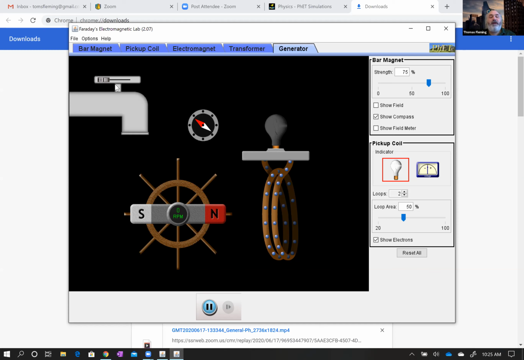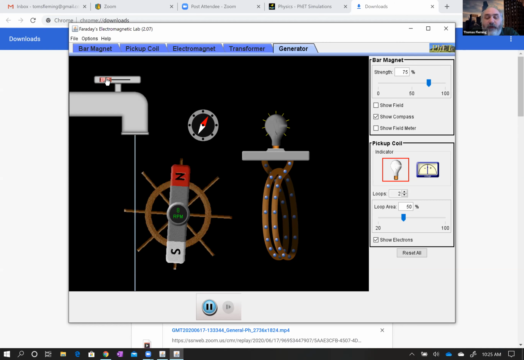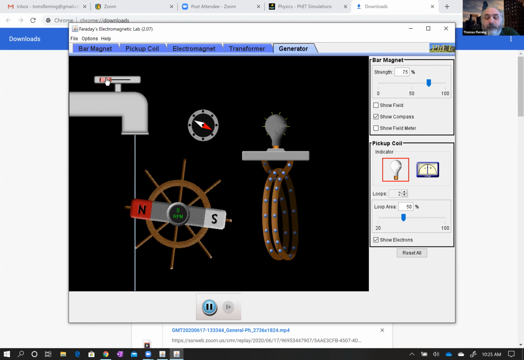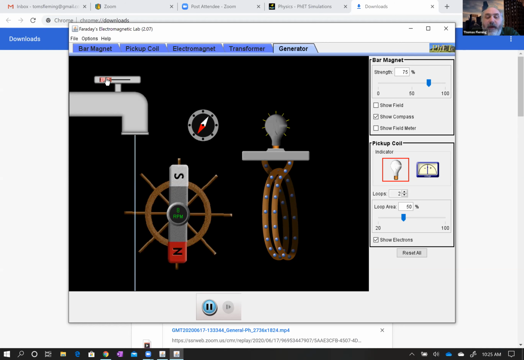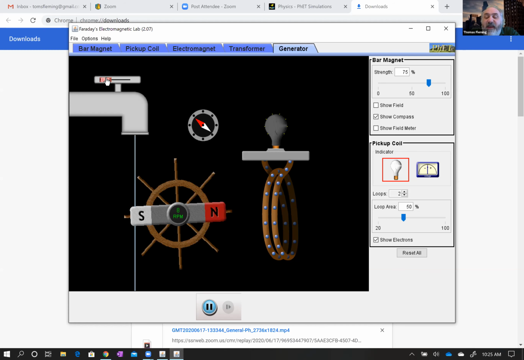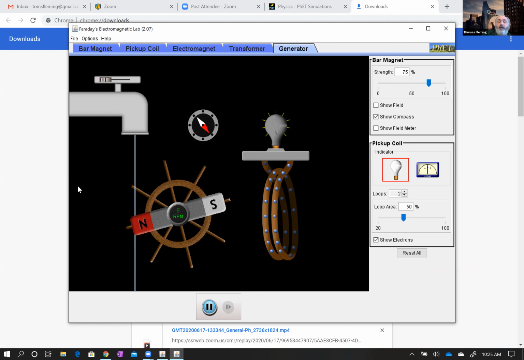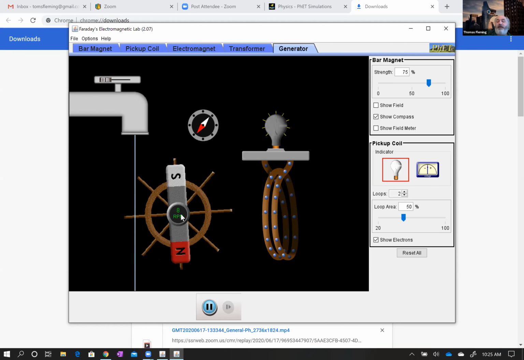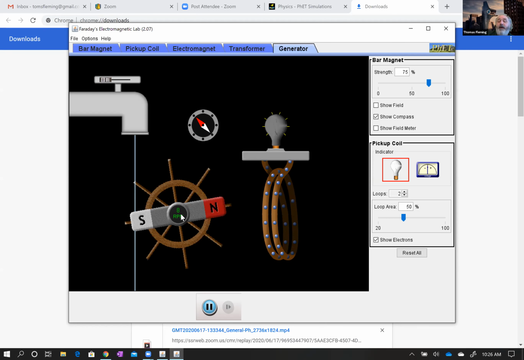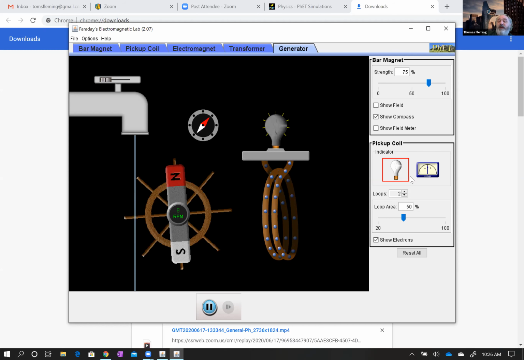So watch what happens when I rotate my magnet. Well, as the magnet rotates, I'm changing the magnetic field or the flux continuously, and therefore I'm getting a voltage continuously.